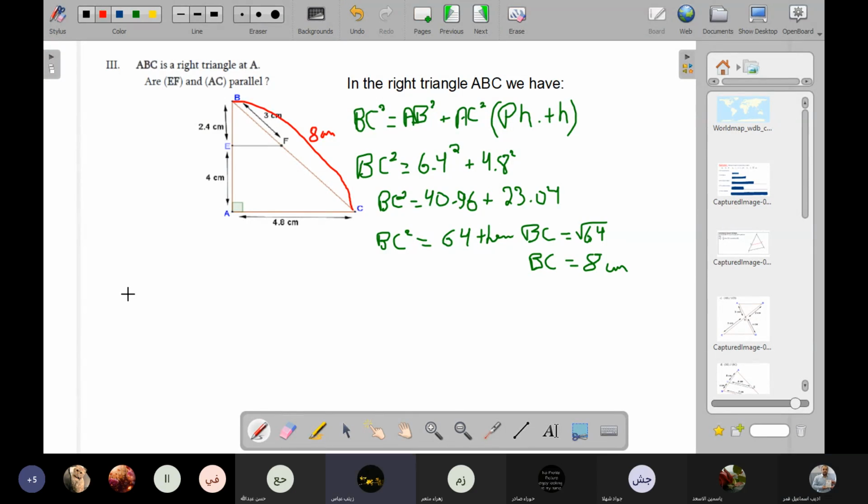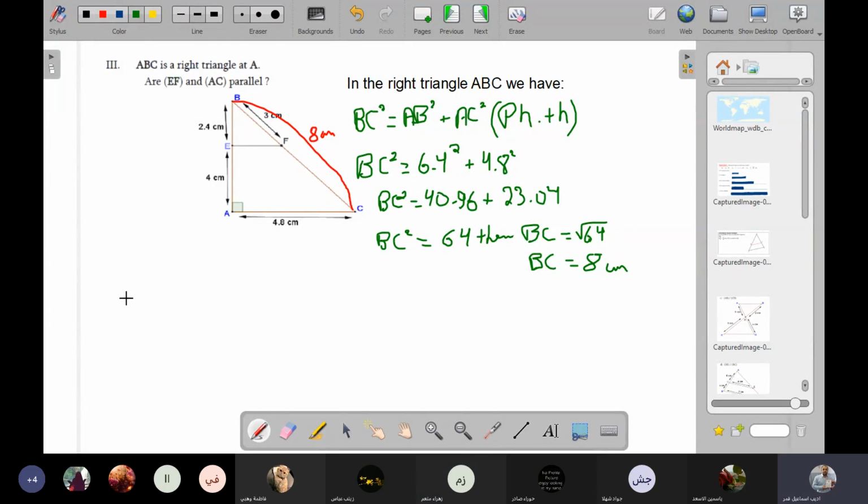We have the measure of BE. Ratios, Hassan Abbas. BE over BA. Good. Who's talking? Zahra? Yes. Continue, Zahra. Hassan, pay attention.